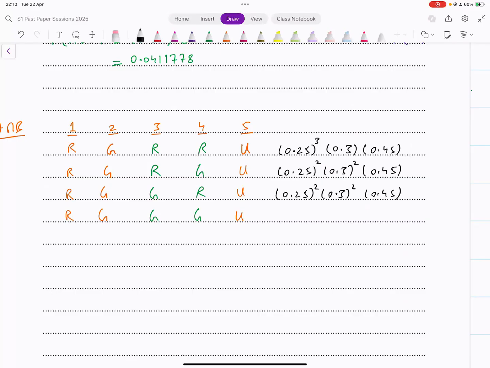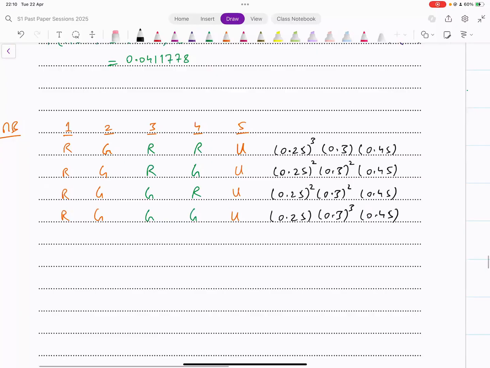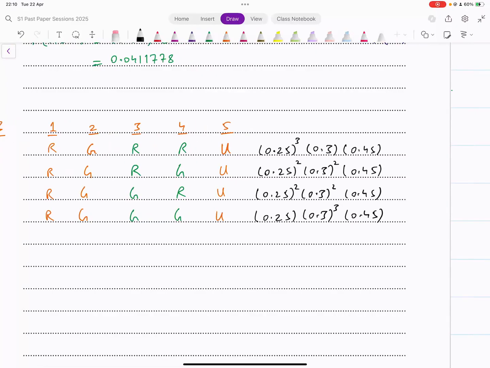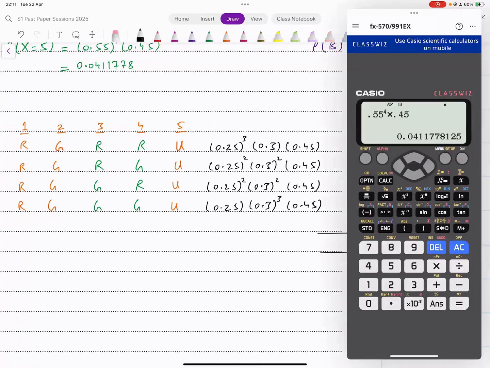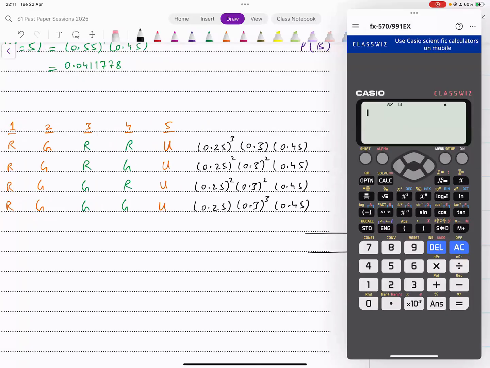And the last one, you've got 1 red, that's 0.25, and 3 golds, that's 0.3 cubed, and 0.45. Find each of these probabilities, add them up together. That will give you the case in which you have the intersection, when both conditions are met at the same time. Okay, you can see what these turn out to be. Has anyone done these calculations?